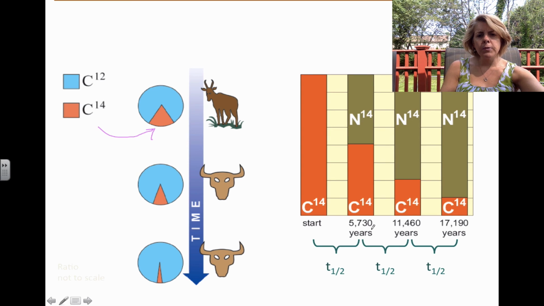So notice with the first half-life, we have to wait 5,730 years for half of carbon-14 to transmute into nitrogen-14. And then if we wait another half-life, we have 1/4 left. And then lastly, we have 1/8 left after 3 half-lives.